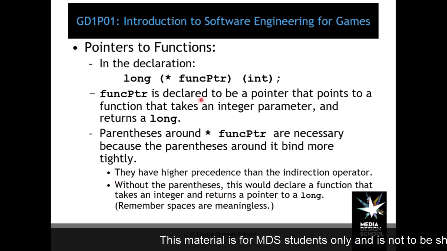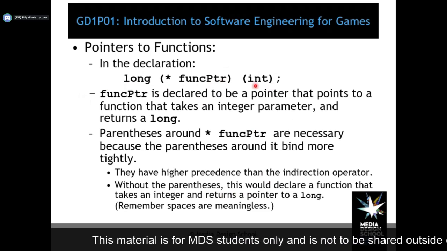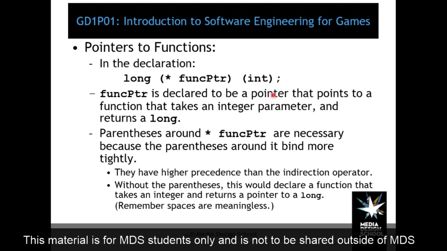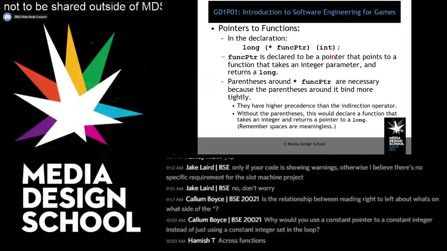So are you able to understand what this means? So if you have some functions like, say, long calculate area, and in brackets you've got int radius.